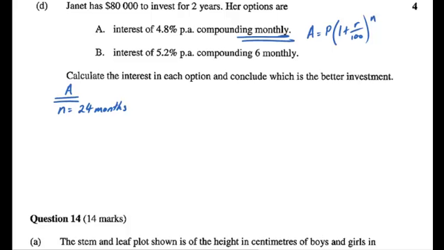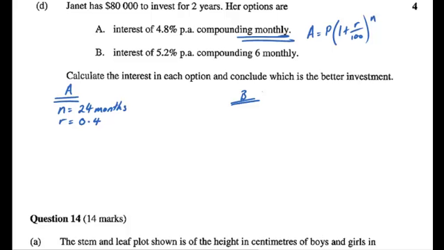And interest rate, so our rate is 4.8 per annum, which means per year. So if I'm doing that monthly, then 4.8 needs to be divided by 12. So 4.8 divided by 12 is 0.4. So that's my rate for A. I do the same thing for B. This time it's compounding 6 monthly.